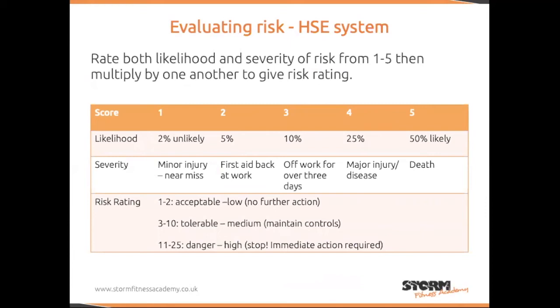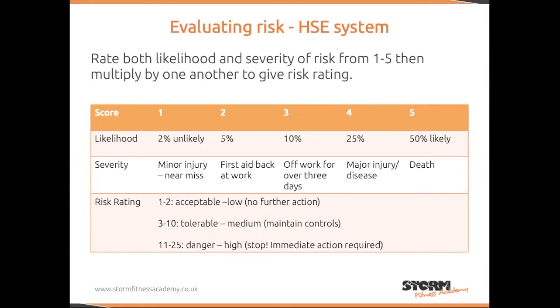This is the Health and Safety Executive scoring system for evaluating hazards and risks. What you do is you take a hazard, let's go with a trailing wire, and you score it based on how likely somebody is to hurt themselves.